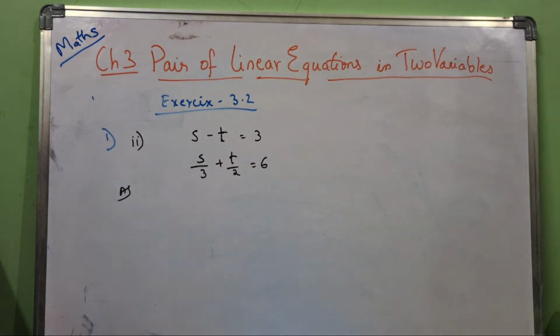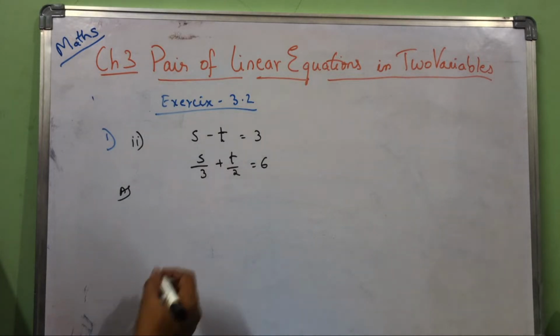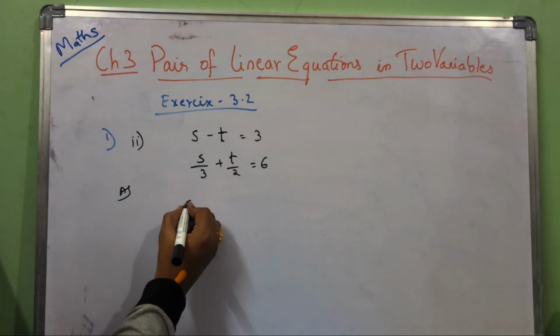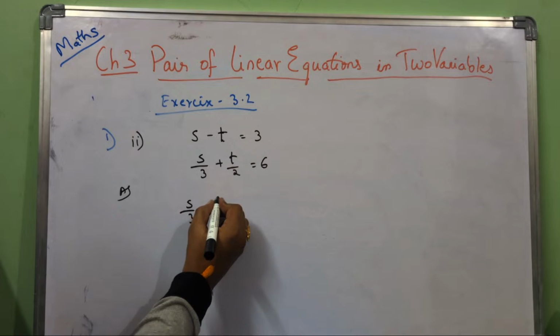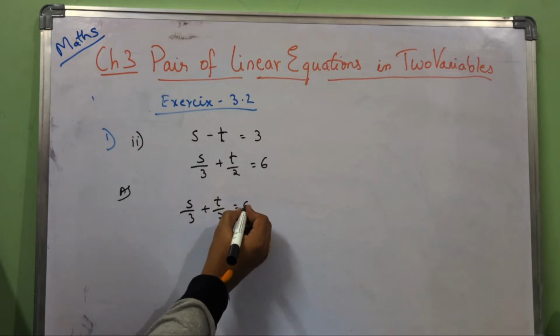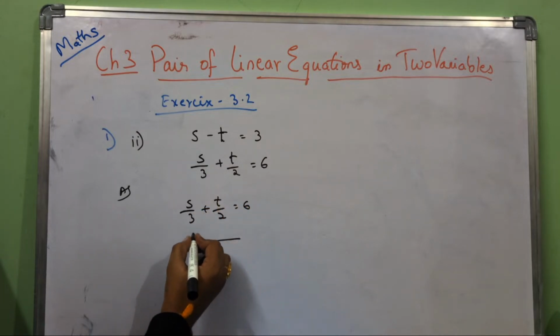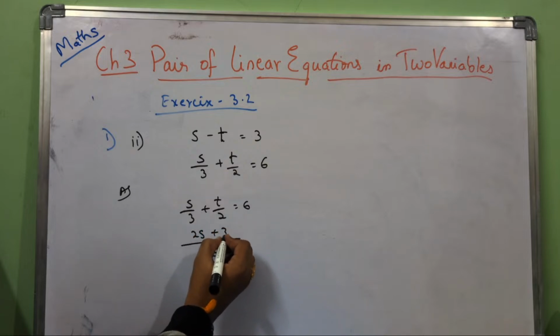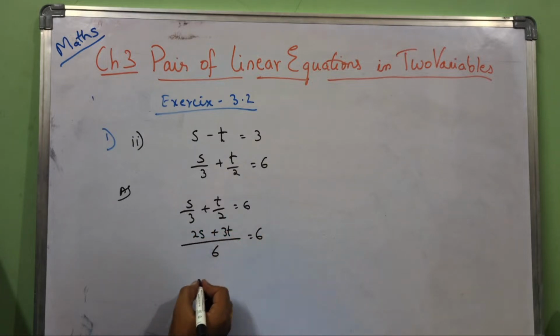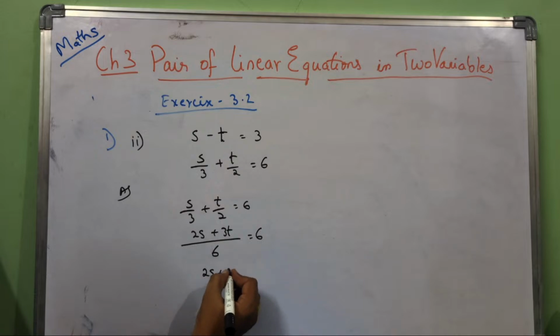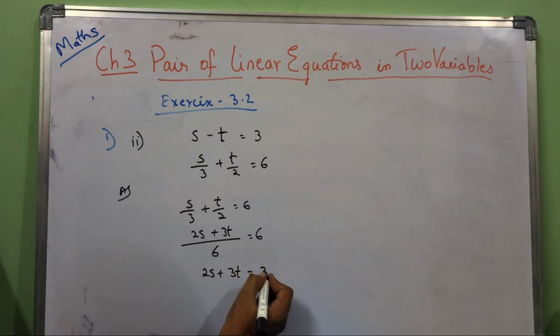So for this solution, let's change the second equation to the standard equation form. So this is s by 3 plus t by 2 equal to 6. Take the LCM, which is 6. 2s plus 3t equal to 6 into 6, which is 36.